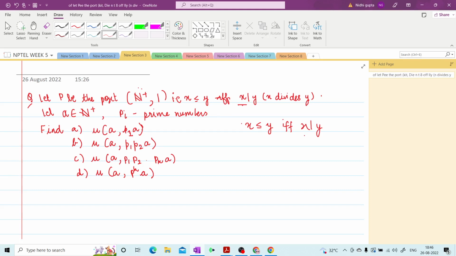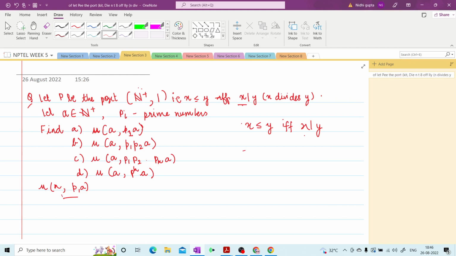So this is our poset, and now we want to find some values of the Mobius function. Here a is any natural number and p1 is a prime number. This is a huge poset.